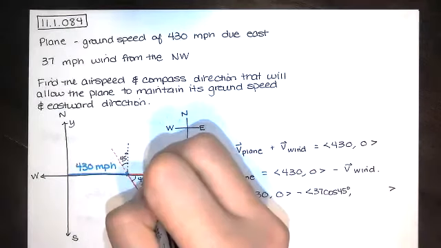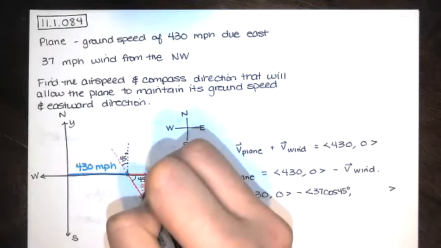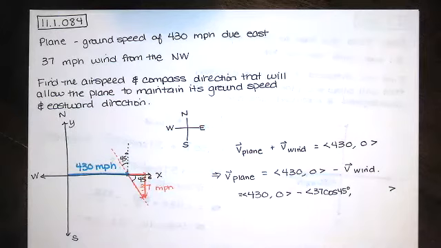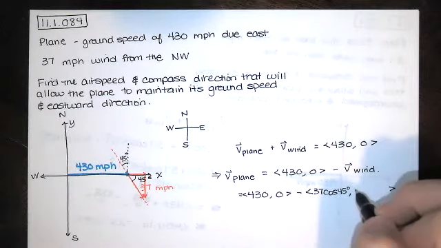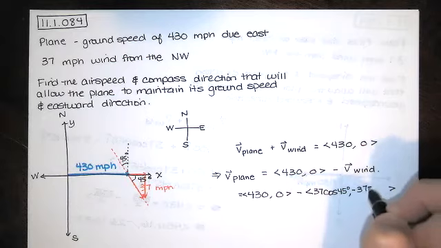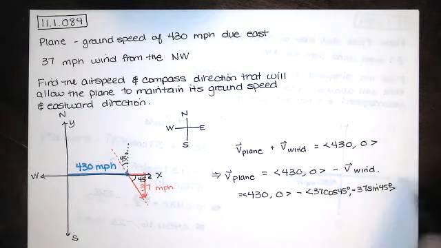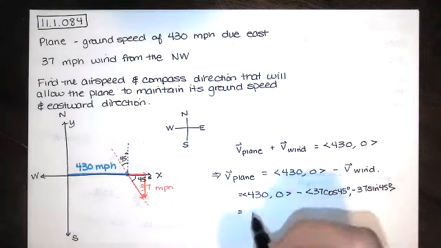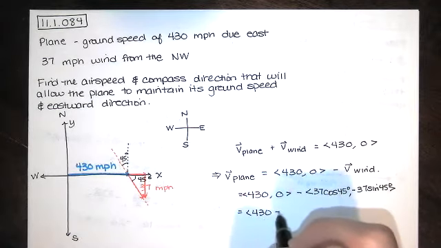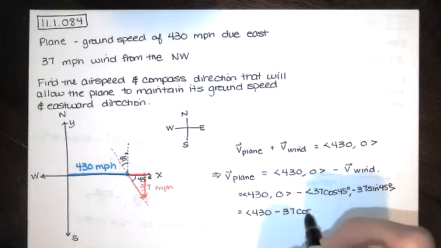And the component in the y direction, notice it's pointing down and not up, so it's going to be a negative value. That will be negative 37 sine of 45 degrees. So if we subtract component by component, we'll have 430 minus 37 cosine of 45.